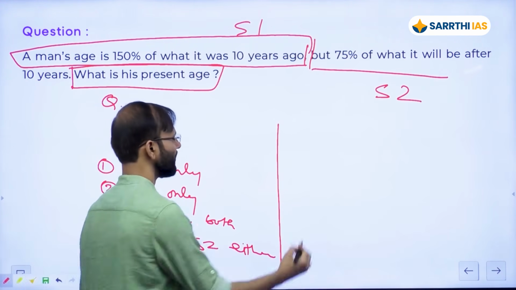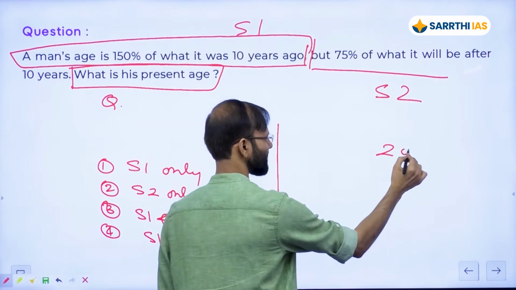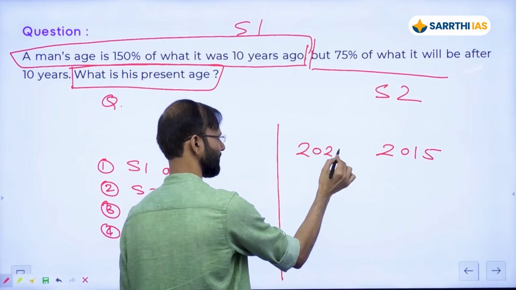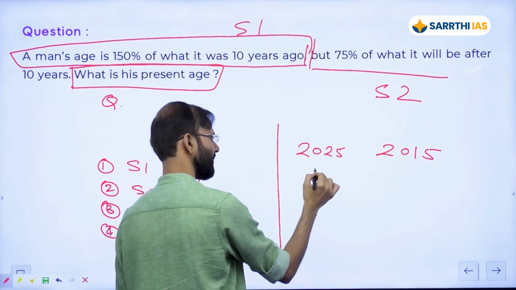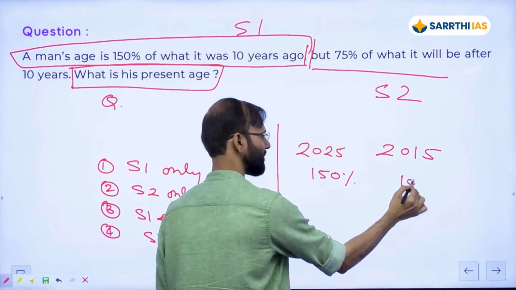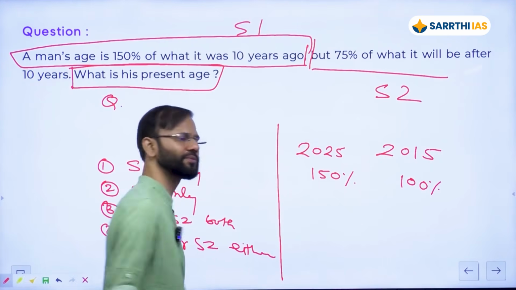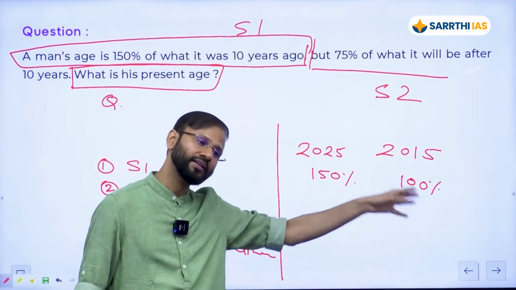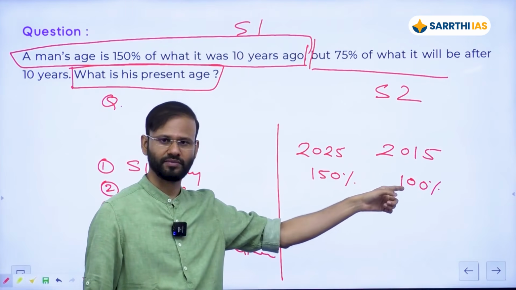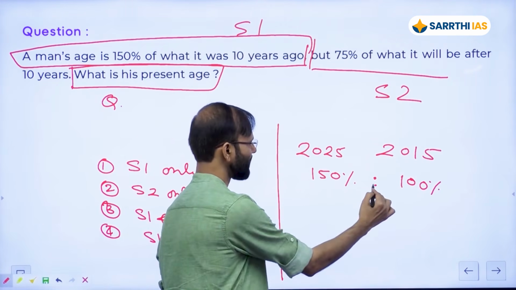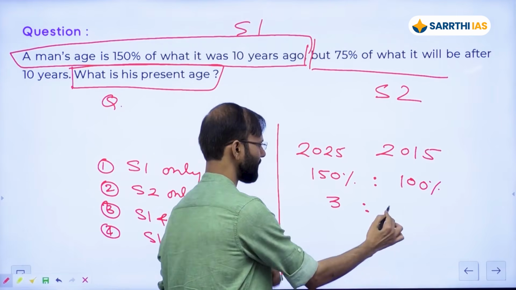So 10 years ago, let's say this was the time, and today present is this time. Fine. So if this is 150%, then that must be 100%, guys. बात समझ में आ रही है आपको? If it was 100%, then today it is 150% of what it was. Correct? So this is 3:2.